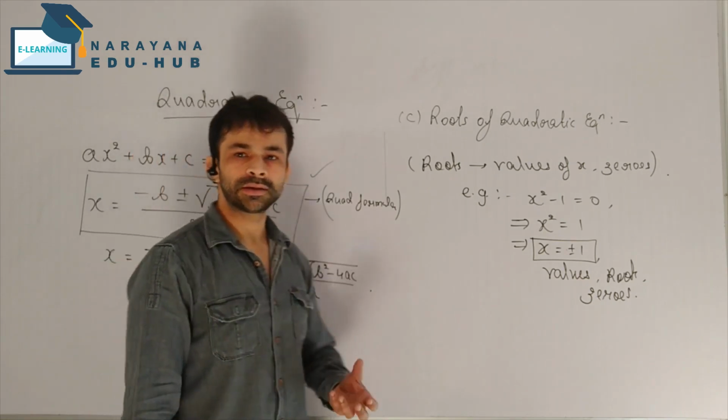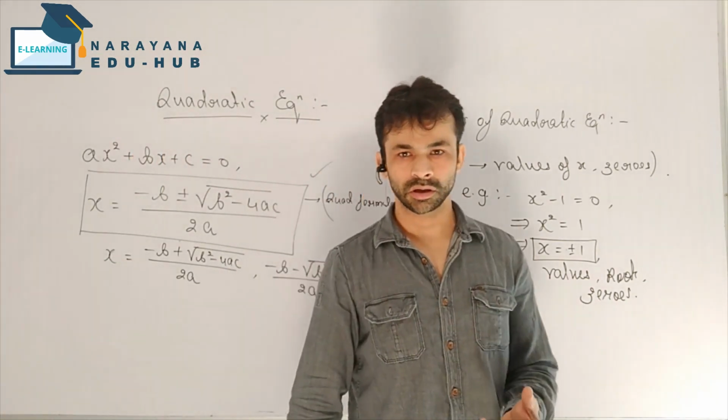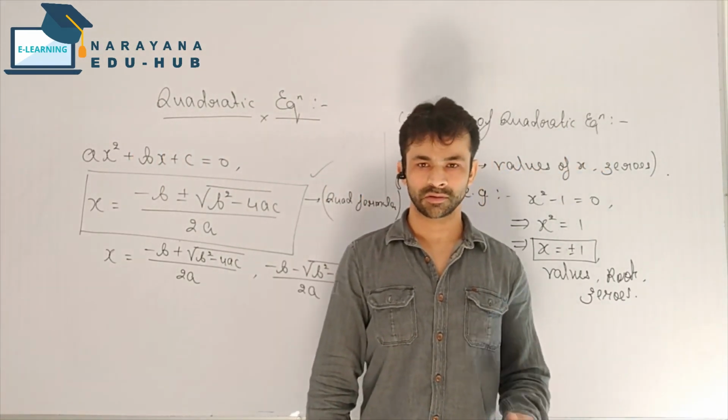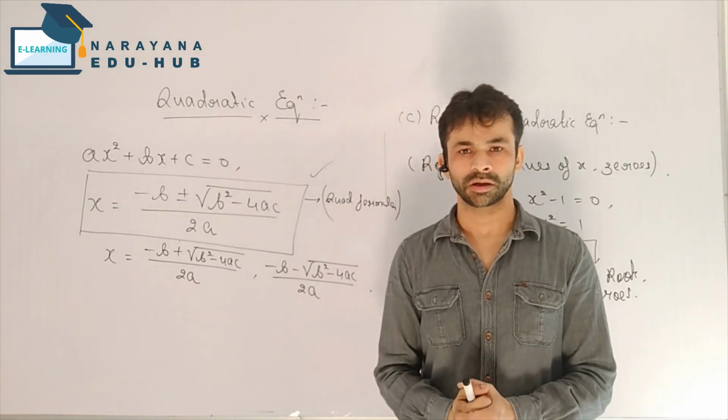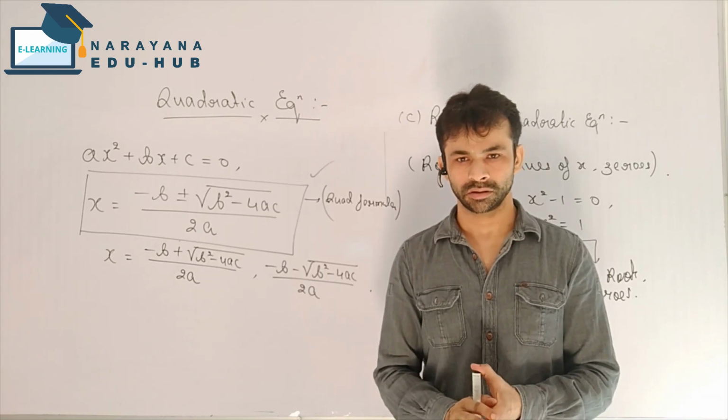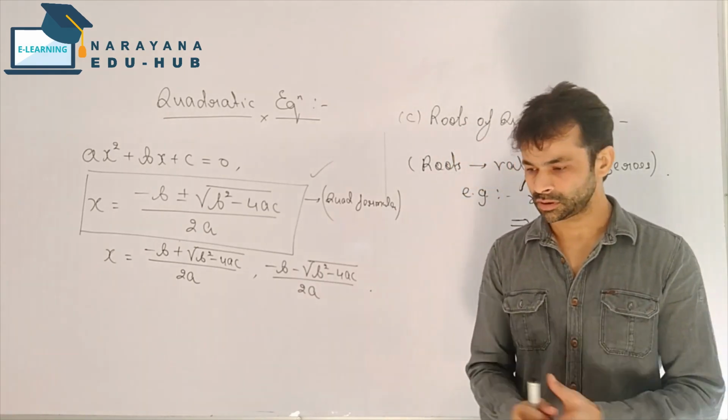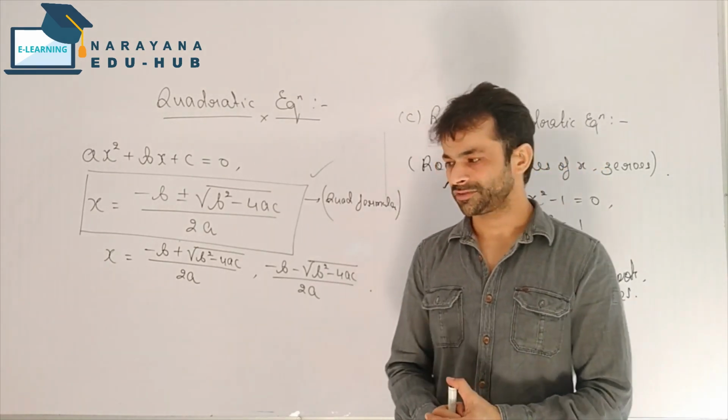How do we find these two roots, these two values? What is the derivation of this Sridharacharya formula, our quadratic formula? We will be discussing that after a few moments.